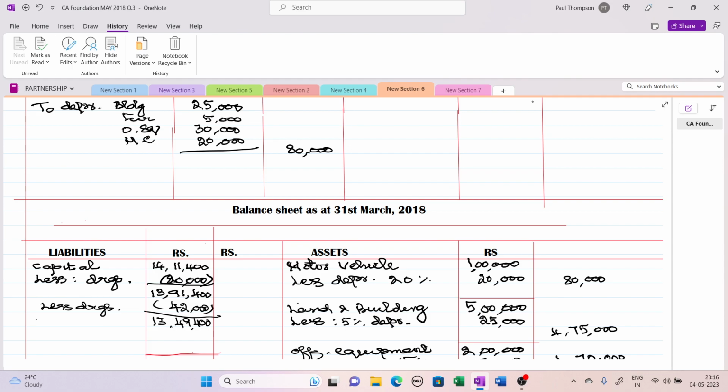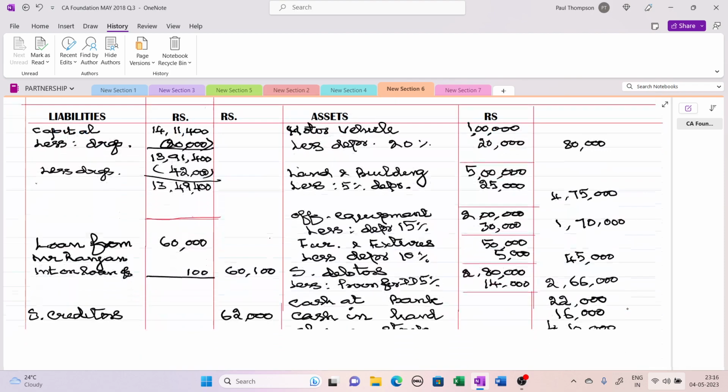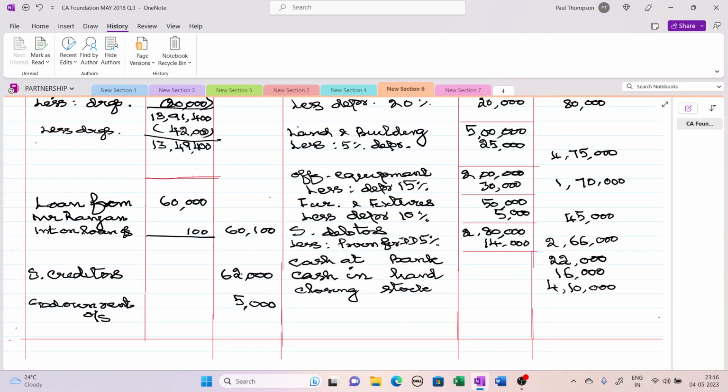So we have to take it in the balance sheet on the asset side, prepaid insurance, for 1/4/18 to 30/6/18, for 3 months. Okay, so this comes as 1,200.